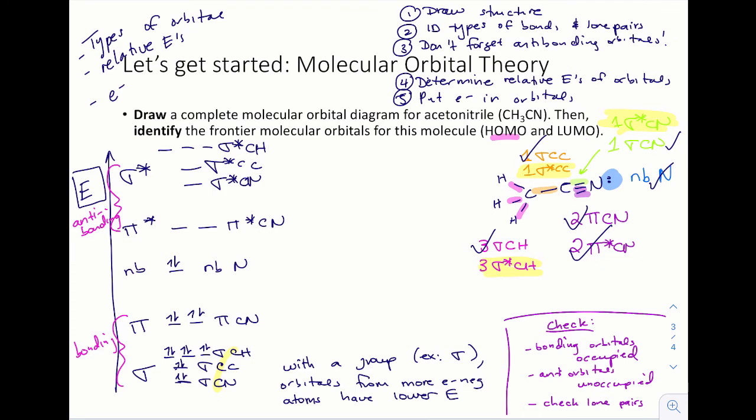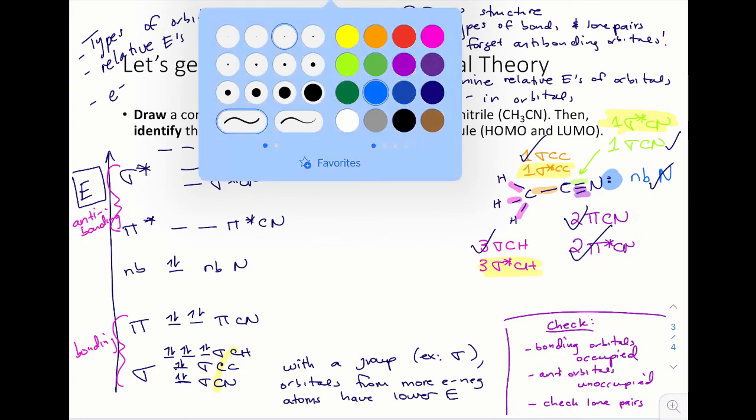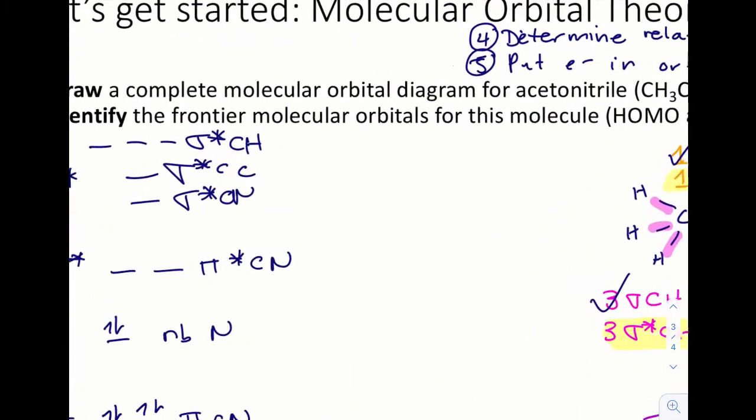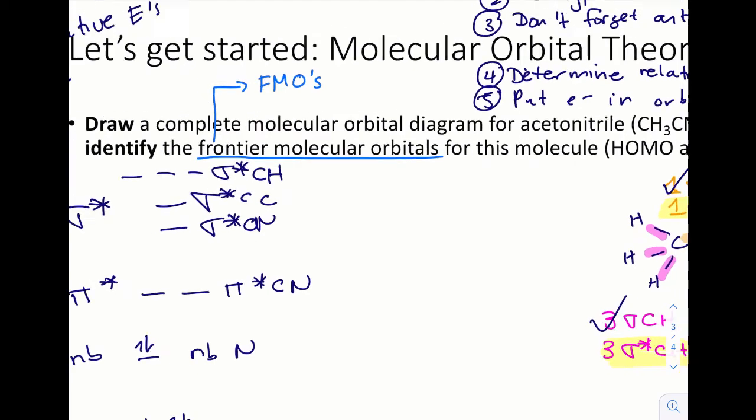In case you've forgotten or in case you didn't learn this in Organic Chemistry 1, it's okay, don't panic. Let's just quickly define some of these terms. So first, frontier molecular orbitals. These are often abbreviated as FMOs, and you can think about them as being on the frontiers, on the edges. The edges of what, you ask?